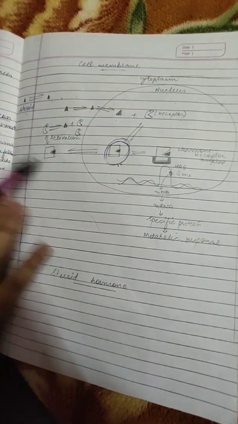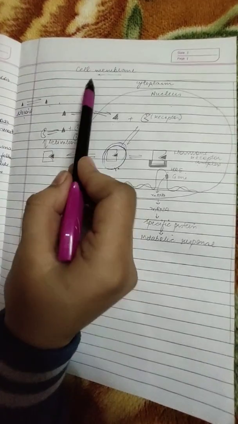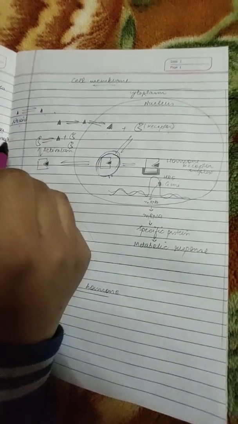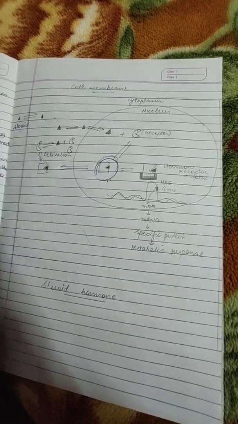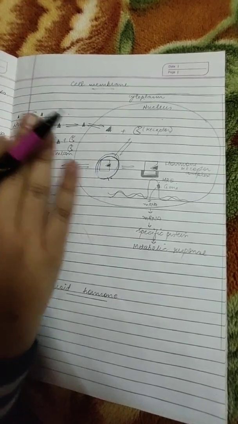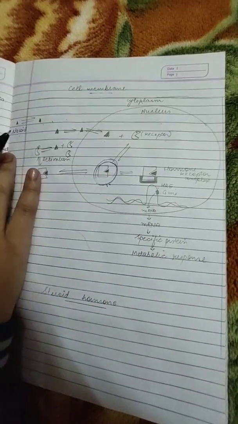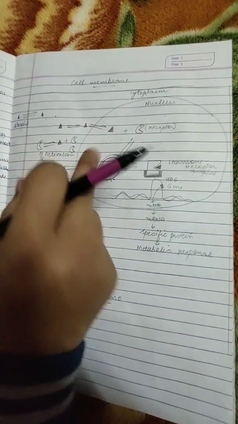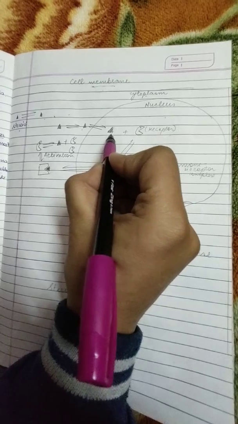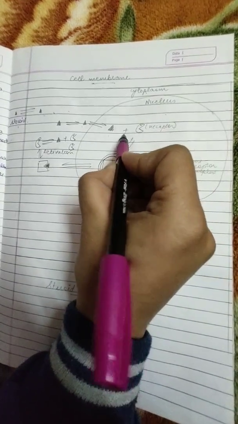Now first of all, we are going to discuss the steroid hormones or group 1 hormones. The steroid hormone from the cell membrane passes into the cytoplasm and later into the nucleus. In the nucleus, the steroid hormone is bound by the receptor.